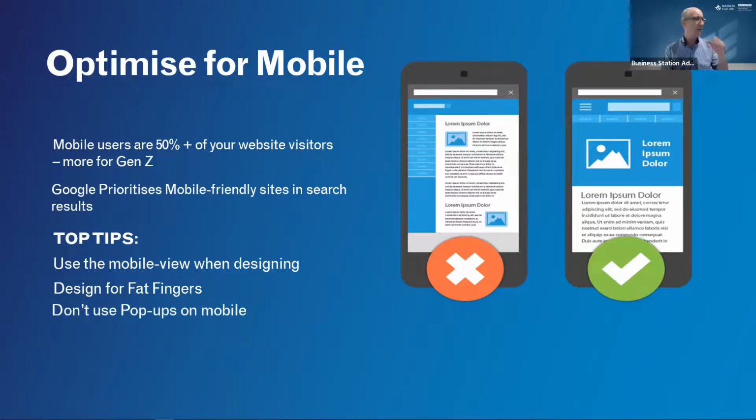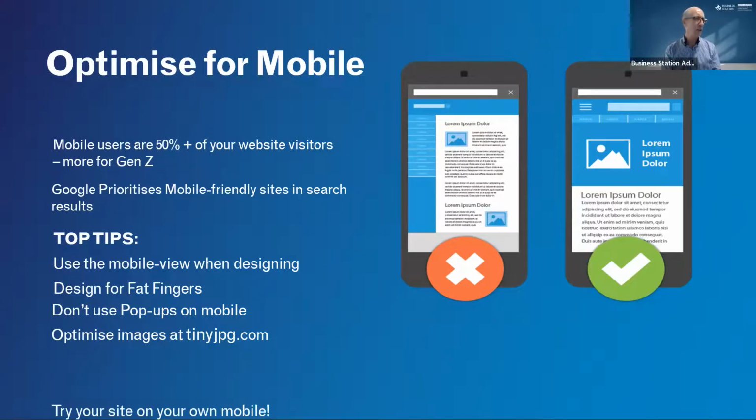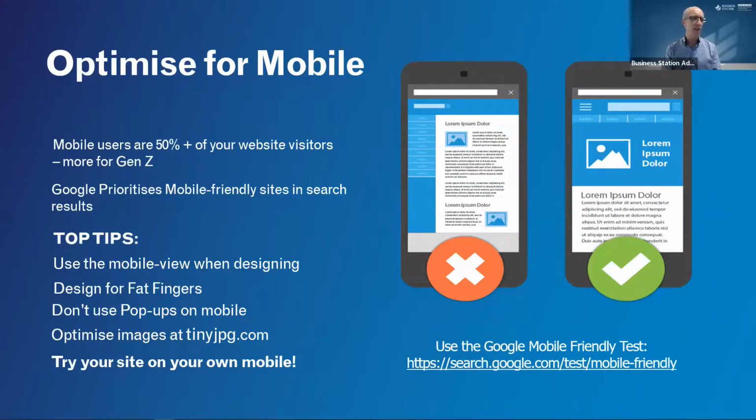There are a few tips here, like don't use pop-ups above the fold if you can, particularly on mobiles. And optimize your images using something like Tiny JPEG or Tiny PNG, for example. There are mobile-friendly tests you can do to test that. If you search Google mobile-friendly test, you'll be able to find it, and it will give you a bit of a feel.